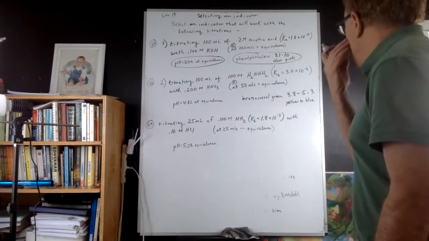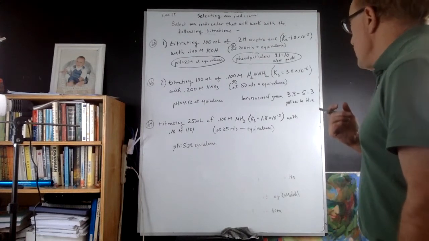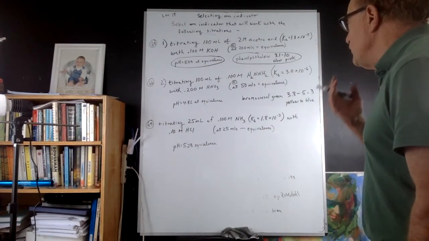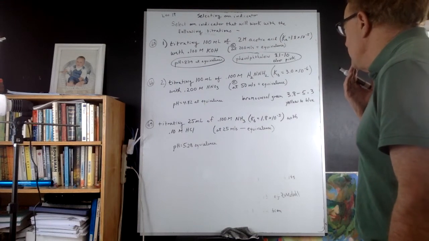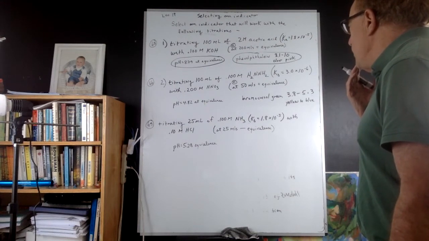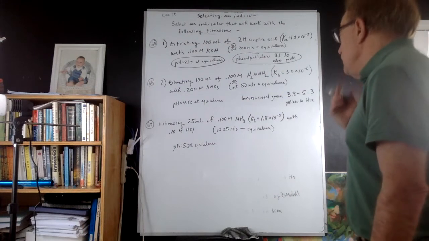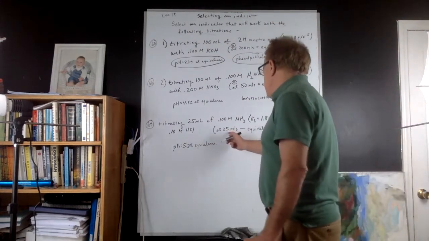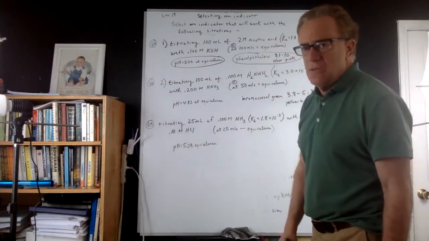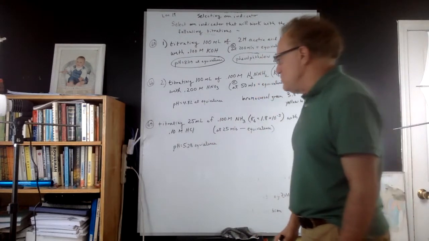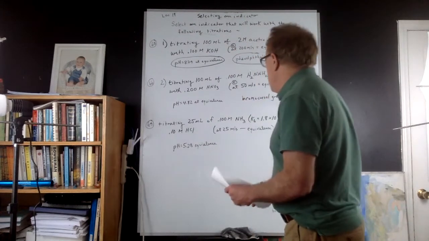And now finally, in problem 69, you're titrating 25 mL of 0.10 molar NH3 with 0.10 molar HCl. You'll find that if you do the math, 25 mL is equivalence. When you plug all that into your stoichiometry and RICE charts, you get that the pH is 5.28 at equivalence.